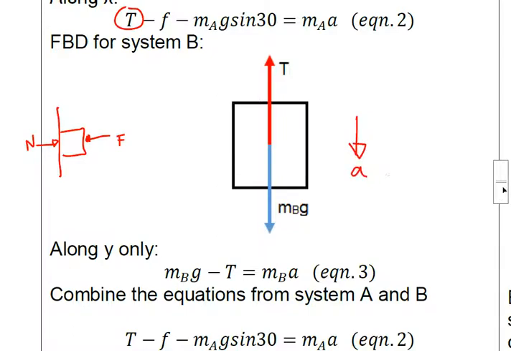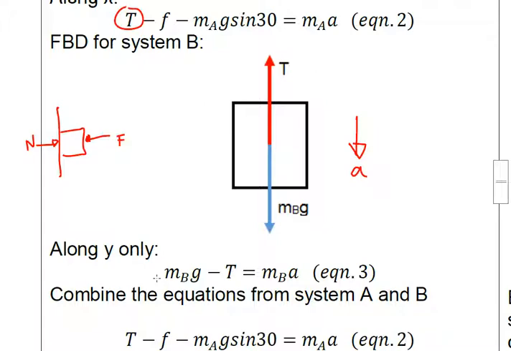So you have here the acceleration of the block. If you look at the direction of forces, m_B g goes with the direction of a, so that is taken to be positive. You might be asking, why is it positive where in fact it's going downward?